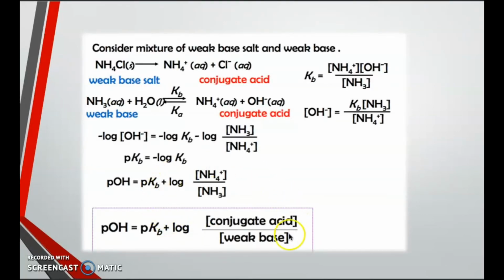So we look at the Henderson-Hasselbalch equation. For pOH, it is equal to the pKb plus the log of the concentration of the conjugate acid, the ammonium ion, divided by the ammonia, the weak base.